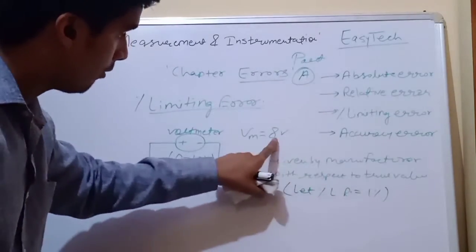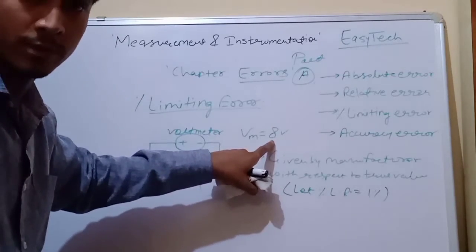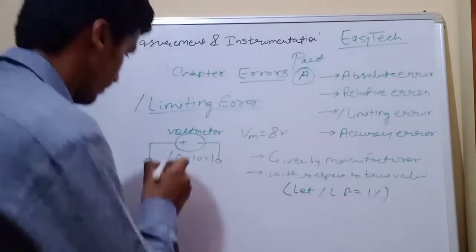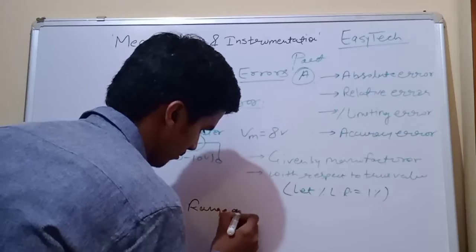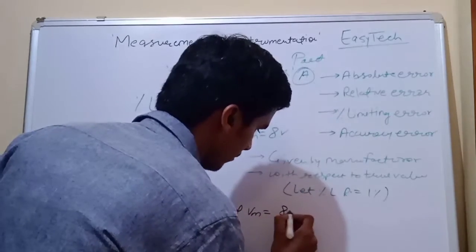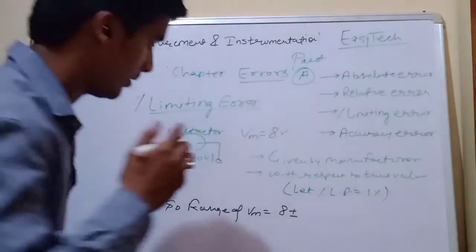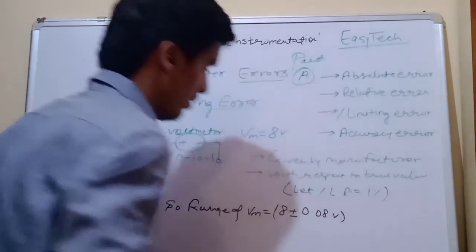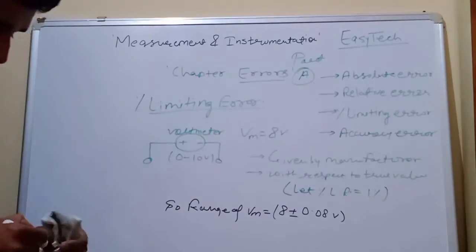This 1% will be of 8. 1% of 8 will be 0.08. So the range of the value is given by 8 plus minus 1% of 8, that is 0.08. This will be the range for percentage limiting error.